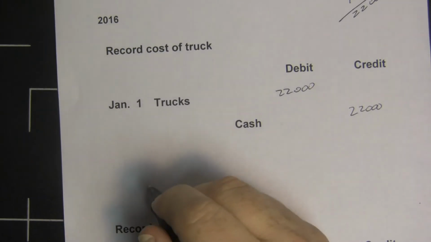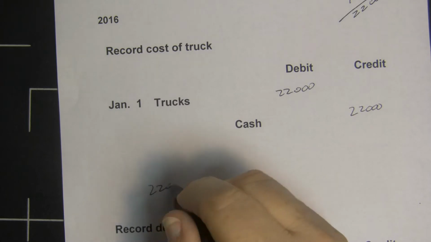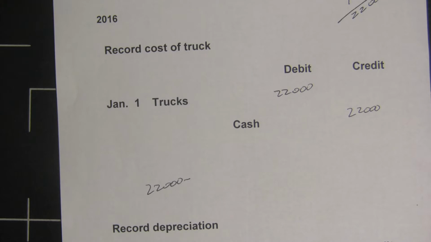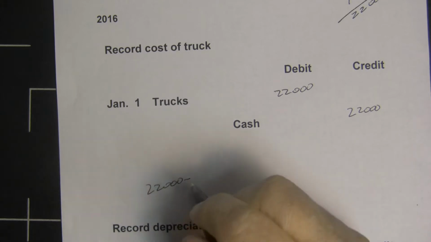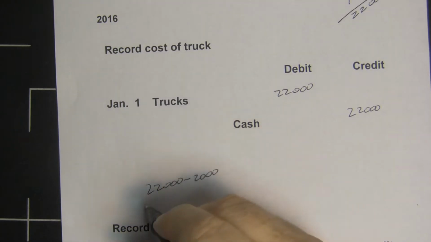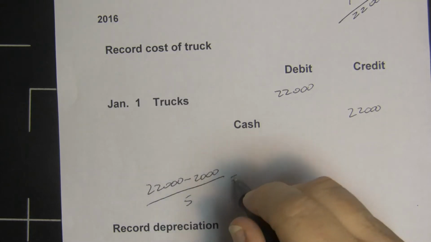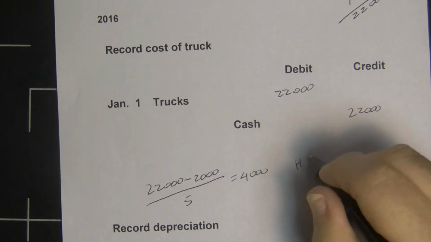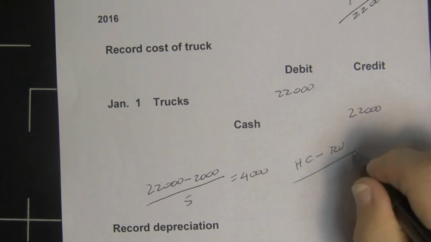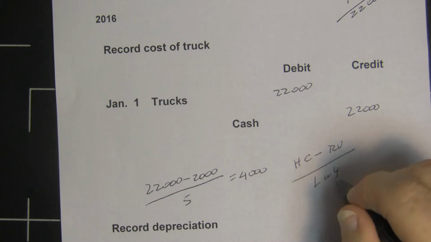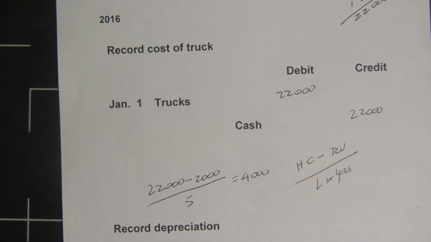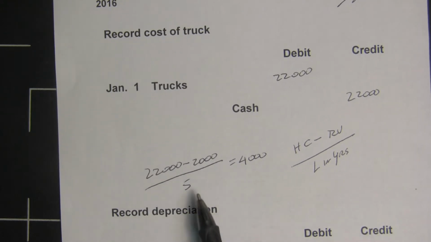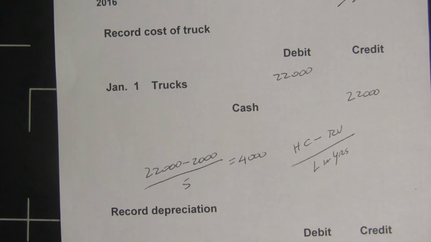So we're going to take $22,000 minus what's the salvage value, $2,000, divided by its life in years, $4,000. Because you remember, it's historical cost minus residual value divided by life in years. So to record the depreciation for this year, we're going to take $22,000 minus 2 divided by 5, $4,000.